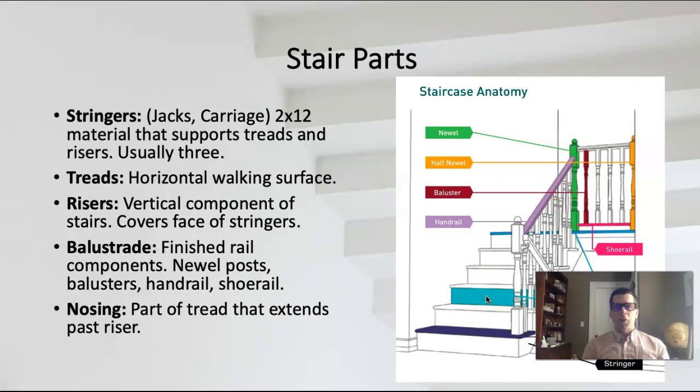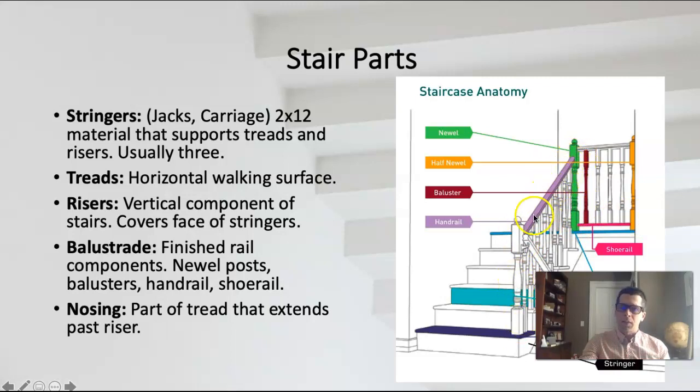If I talk about the balustrade, that is an umbrella term for all of the finished rail components. Okay, so we've got newel posts, which are the big posts that are sometimes turned, sometimes built up like panels, but usually at corners, terminations, stuff like that, you're going to have a newel post.